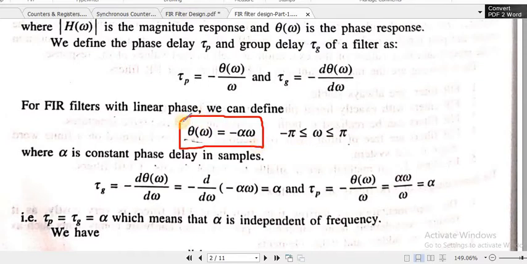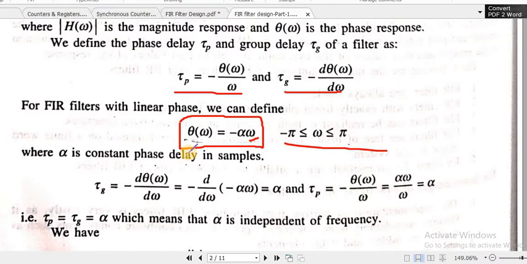The same thing, that this phase response θ(ω) is linearly proportional to ω, where ω is from minus π to π. If the phase response is linear, then if we calculate the phase delay or the group delay, both will be constant, because we know the formula of the phase delay is this and the formula of the group delay is this. If we find τp and τg, both will be constant. So for a linear phase FIR filter, both phase delay and group delay are constant.